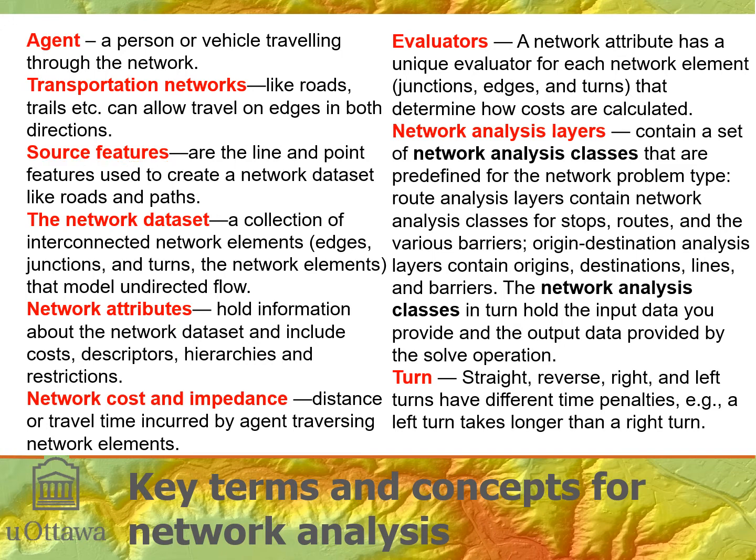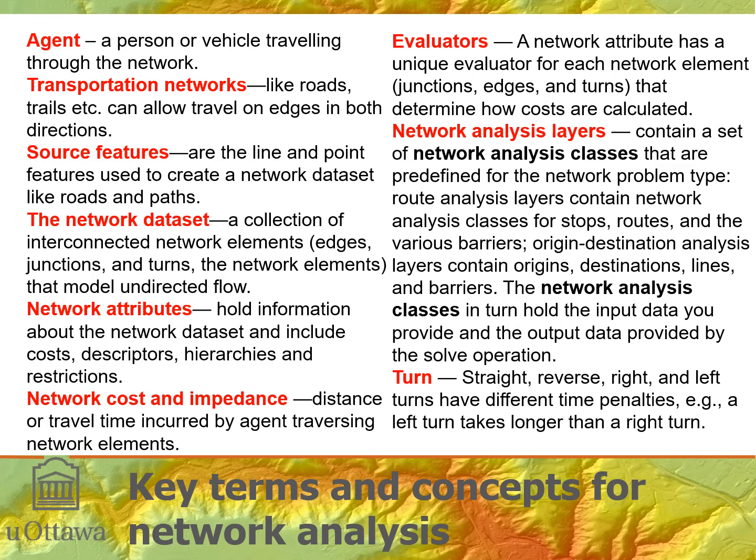We need to have source features. So the roads are actually source features upon which a network dataset can be built. And the network dataset itself is what is used to solve network problems. It's a collection of network edges, junctions, and other elements that model flow, undirected flow, for example, or directed flow.